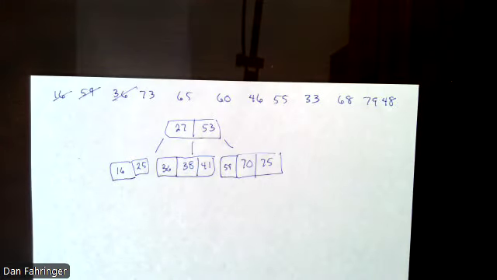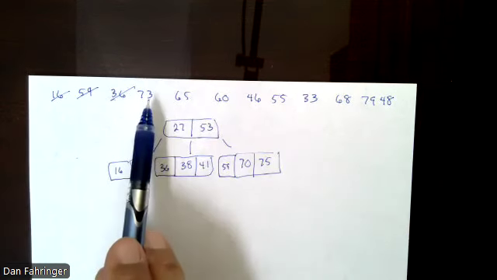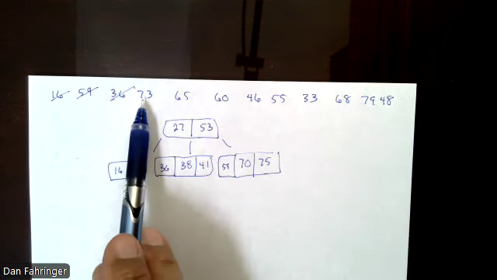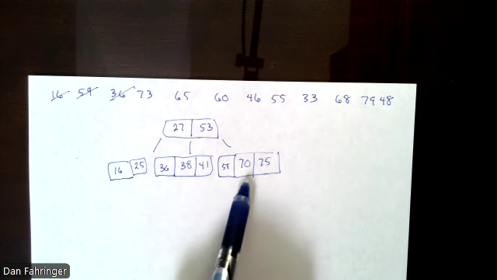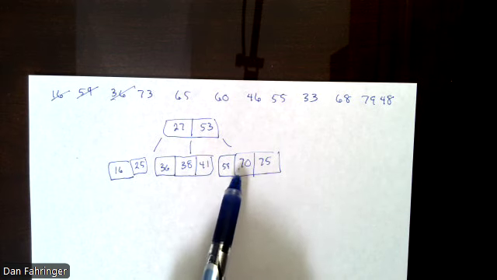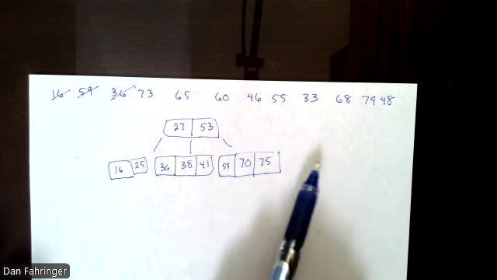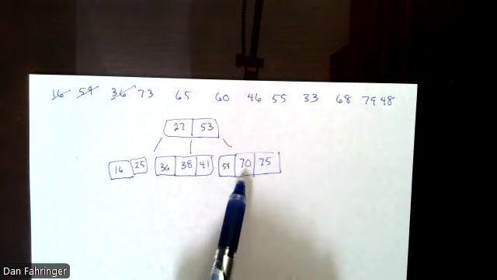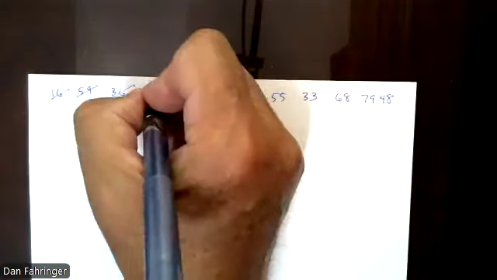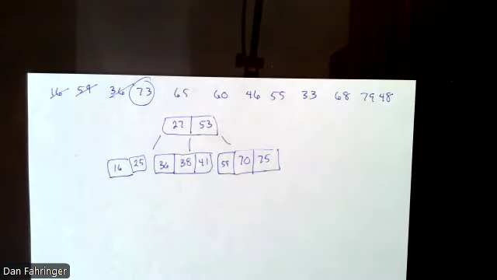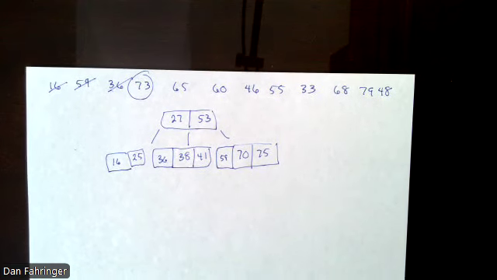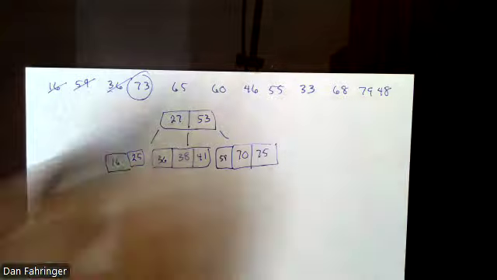Could I quickly search and find a number? Yeah. 73. It's going to try to go into here. The dragon goes crazy and blows it up. I'm on 73. You tell me what you think it will look like after we add 73, because this guy just gets blown up.